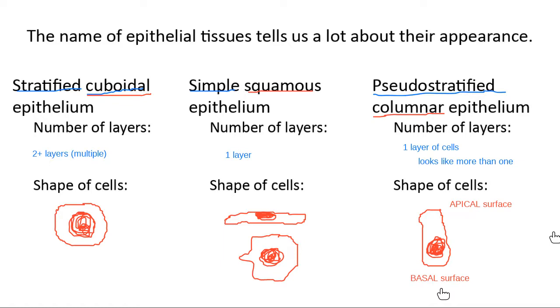So, a recap of what we learned or reviewed on this slide. We reminded ourselves of our layering words: simple, stratified, pseudostratified. We reminded ourselves of our shape words: squamous, cuboidal, columnar. If you can describe those two things, that's a huge step toward identifying epithelial tissues. If you know what those words mean, that's going to help a lot.